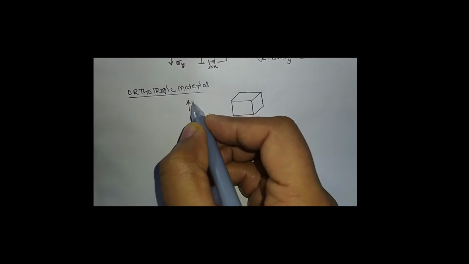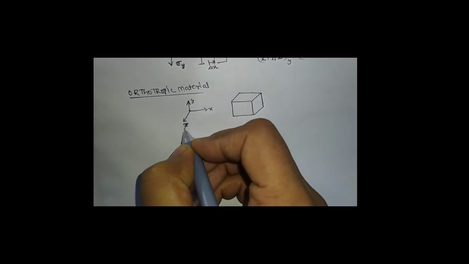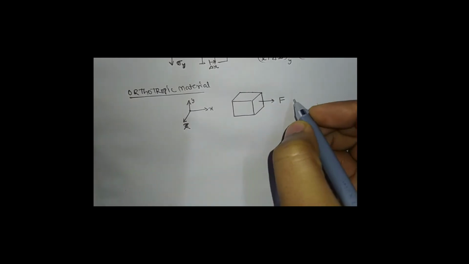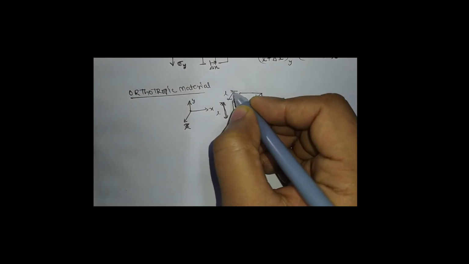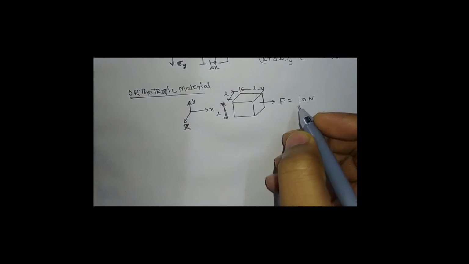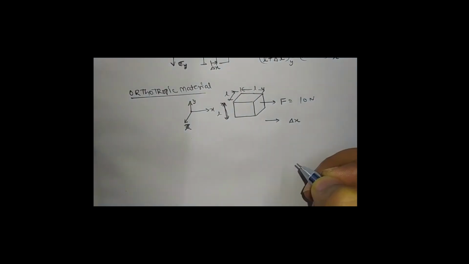For example, this is the Y coordinate, this is X, and this is Z. If we apply the same force, 10 Newton, let's say, and the dimensions are the same, L, L and L, we will get elongation in the X direction, let's say del X.